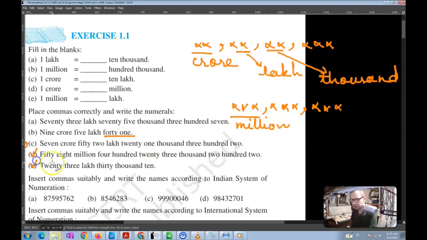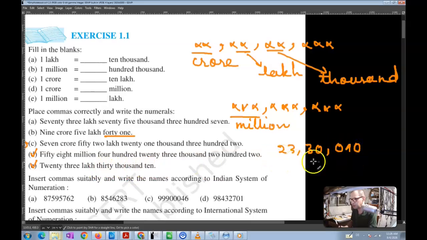The next question that we have is basically 23 lakh 30,010. So for the lakh, you start from this part, so you have 23 lakh 30,000. So 30,000 and 10, and 10 would be 010, right?